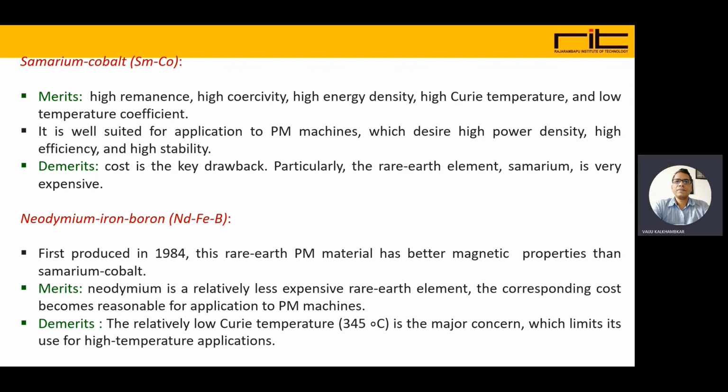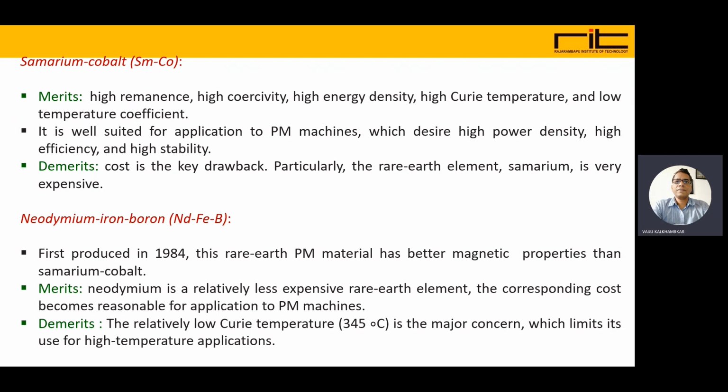The next magnetic material is neodymium iron boron, NdFeB. It was first produced in 1984. This is the rare earth permanent magnet material which has better magnetic properties than samarium cobalt material.